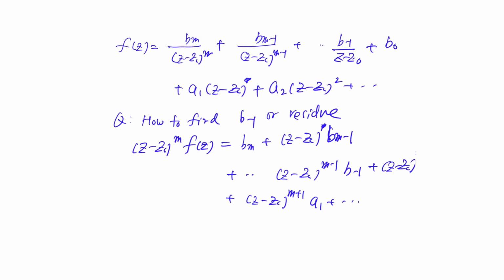And then you differentiate it n minus 1 times. What do you have? If we differentiate this by z, m minus 1 times, all the previous terms will go to 0, right?